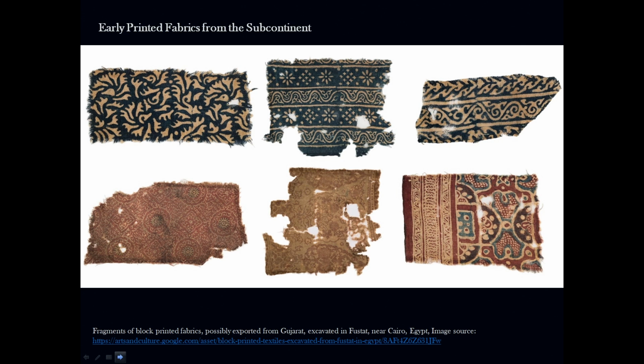This is perhaps one simple way of printing, in which the block is used with resist material, it is printed on the fabric, and then the fabric is immersed in an indigo vat, and that is how this dark indigo color has been achieved. The areas which were resisted retained the original color of the fabric, and that is how the images are executed in a negative form, and the background has turned dark.